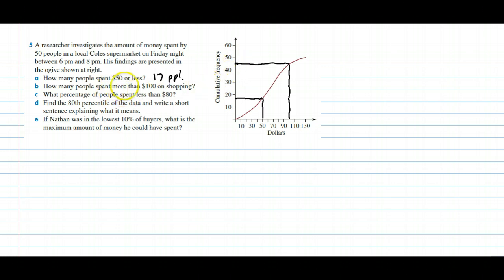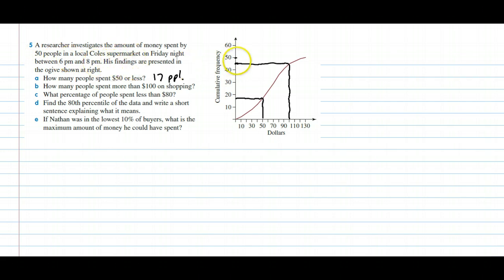But this time we're asking how many people spent more than 100. So the question is, how many people are above this point of 45? In order to work that out, we need to work out how many people there are from 45 up until there's no more people. We were told in the question that there were 50 people involved in this survey.